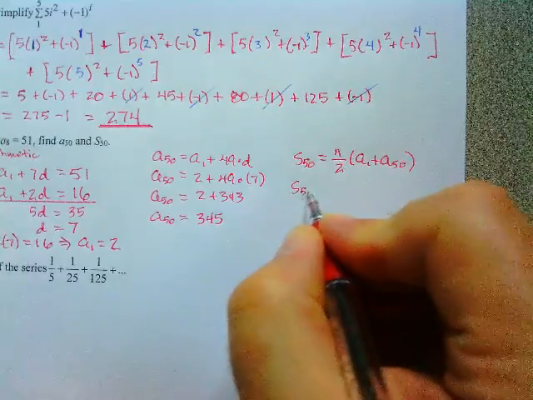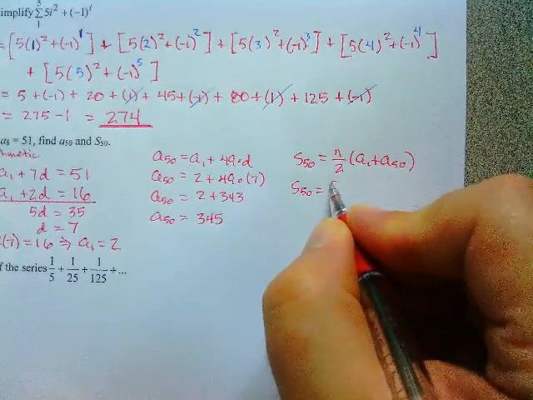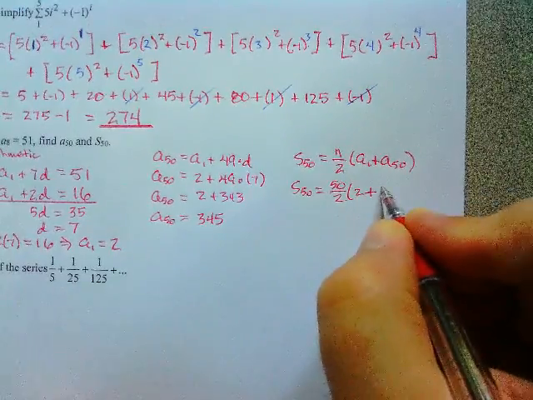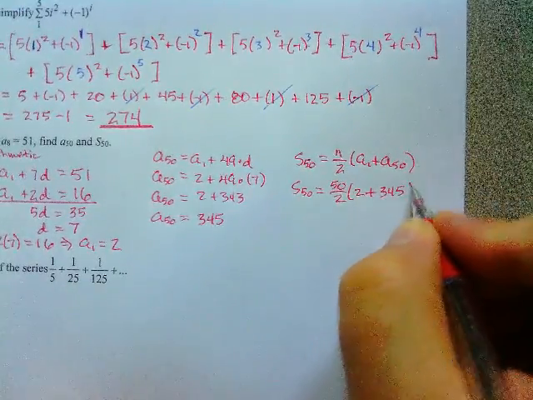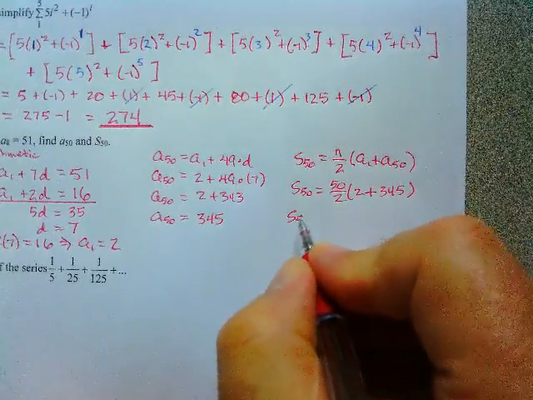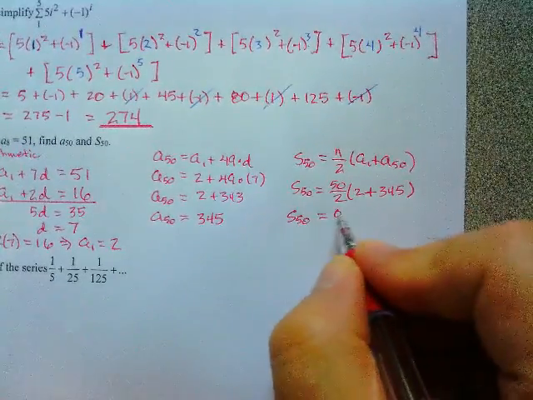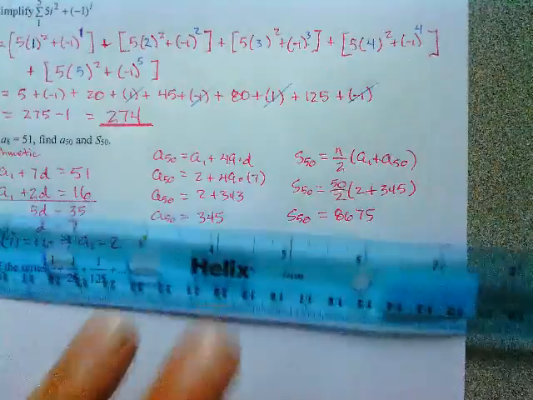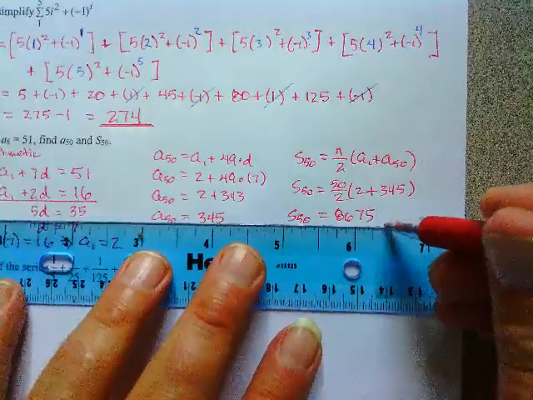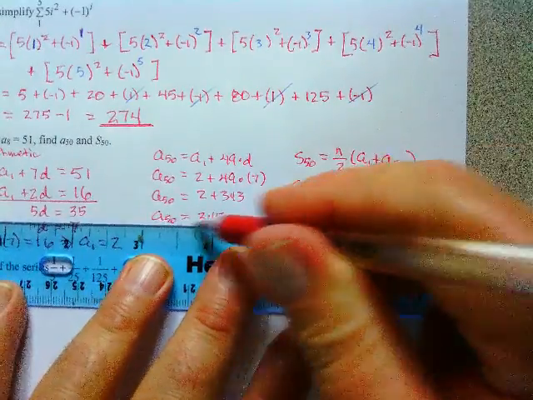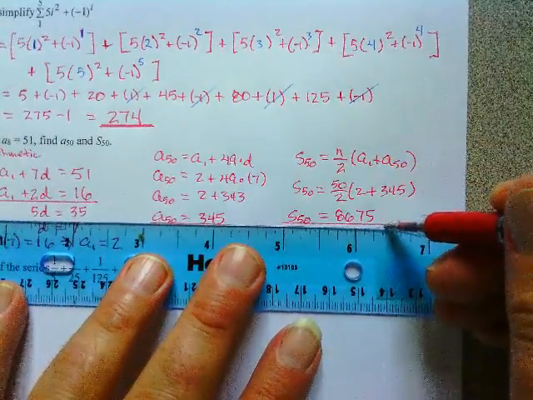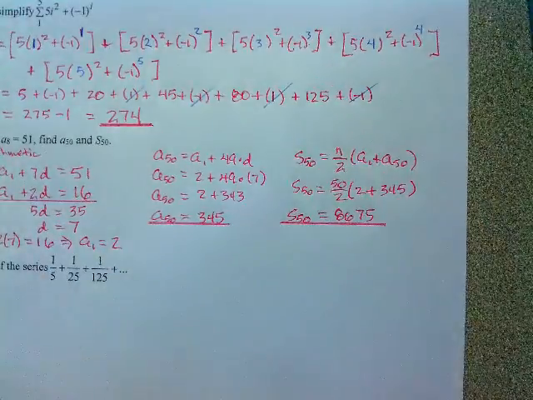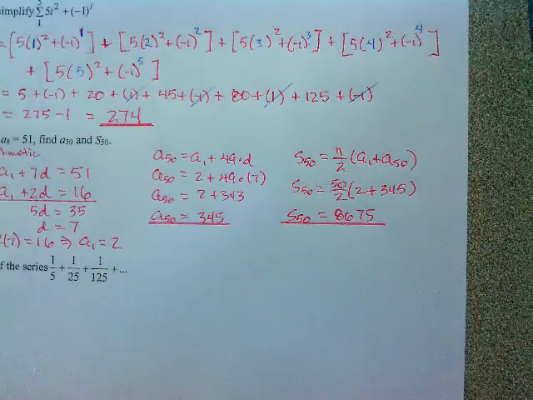So the S50 will be 50 over 2, the 2 plus the 345, and my S50 comes out to be 8675. And so we have an example of an arithmetic.